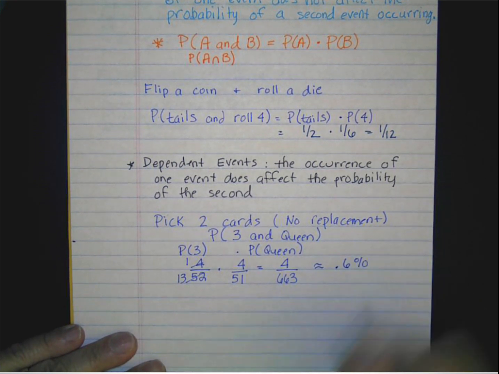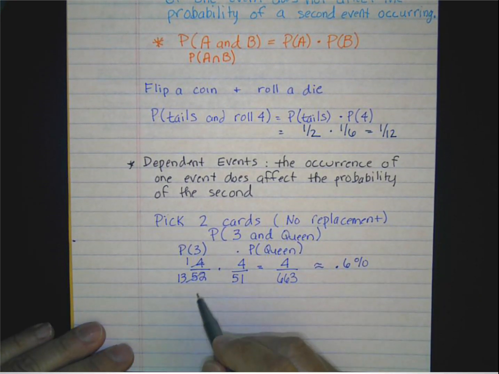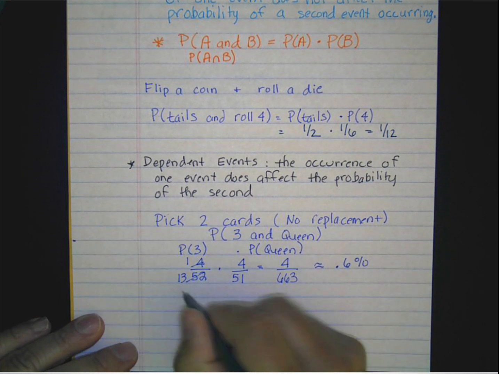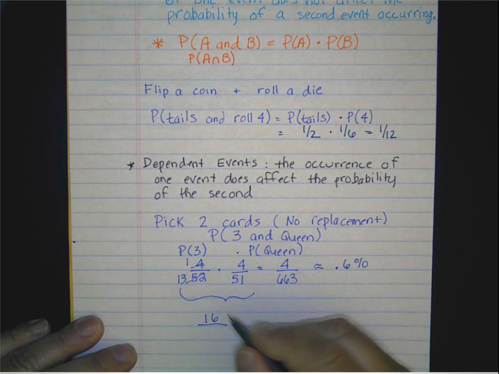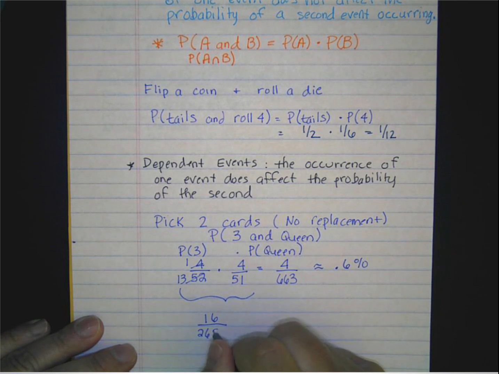Now, if you're not one of those people that like to do the simplifying first, I believe we would have gotten 16 over 2652, and that's still going to be the same answer.